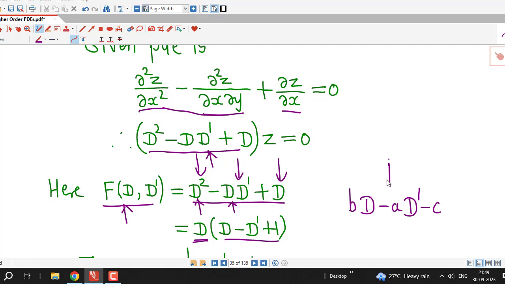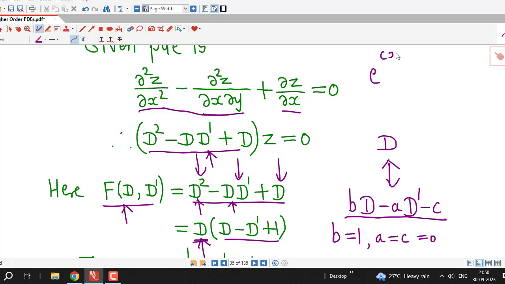Now we have to compare these two factors with this standard form which we have taken. So first I consider this linear operator or linear factor. So if I compare d with this factor, I have b equal to 1 and a and c both are 0.